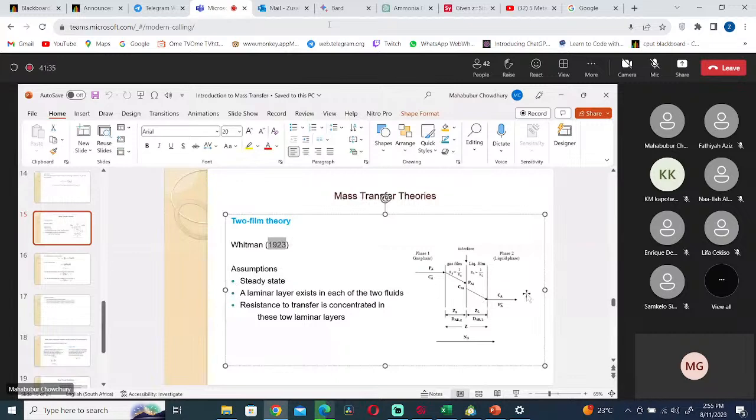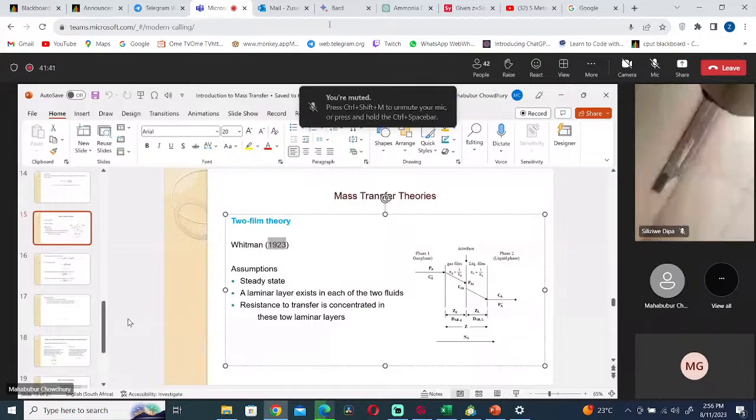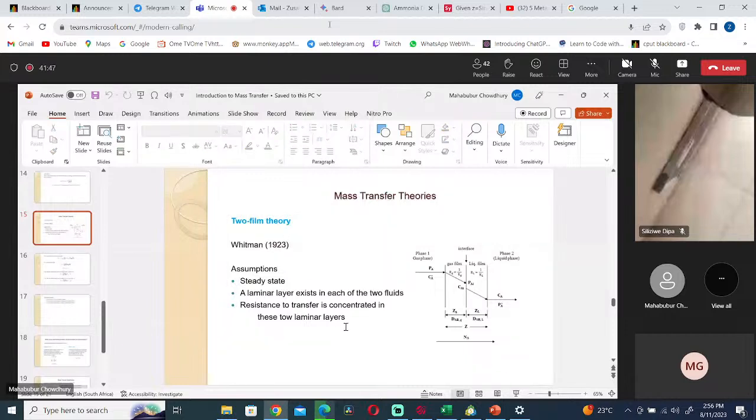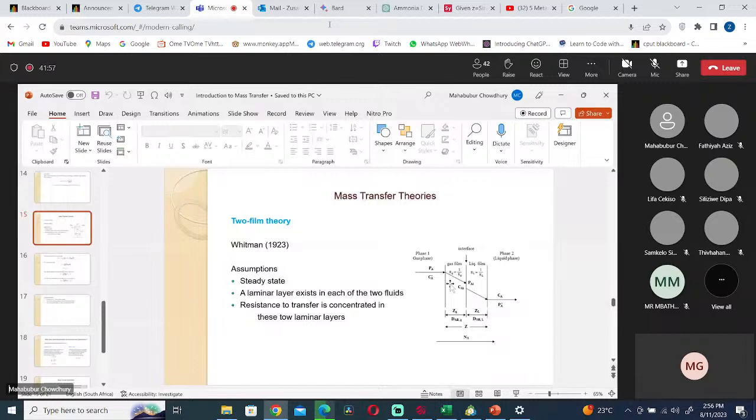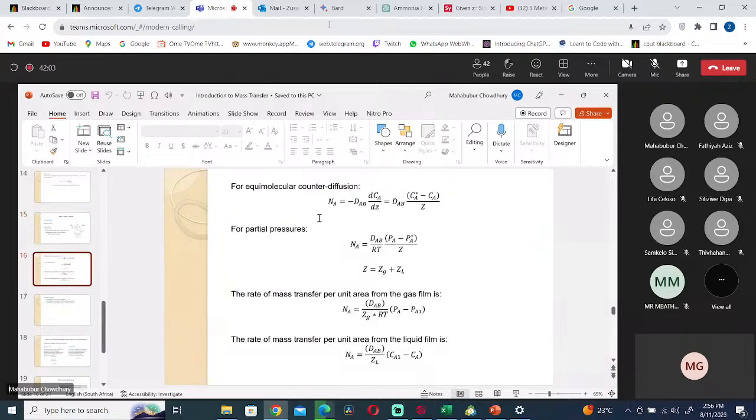So what are the assumptions here? You need a steady state system, and you need a laminar layer that exists in each of the two fluids, and the resistance to transfer is concentrated in these two laminar layers, meaning here and here, because of the films. For equimolecular counter diffusion, your NA equals this, but we have all seen this one.